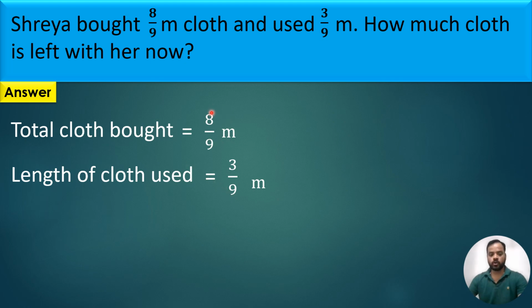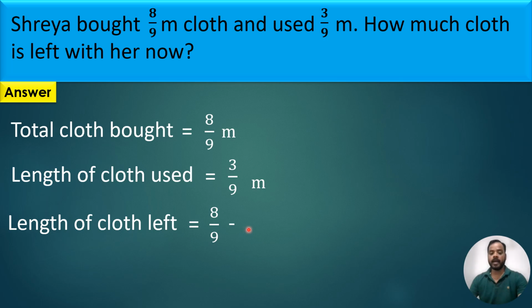So this was the total cloth bought and this is used. So what is left? This minus this. The length of cloth left is the total cloth minus the cloth which we have used. So 8 by 9 minus 3 by 9.